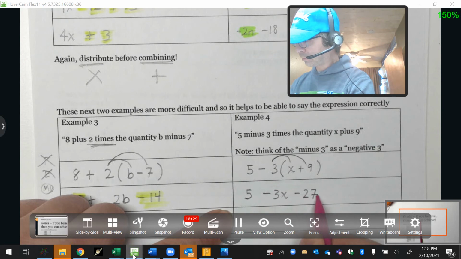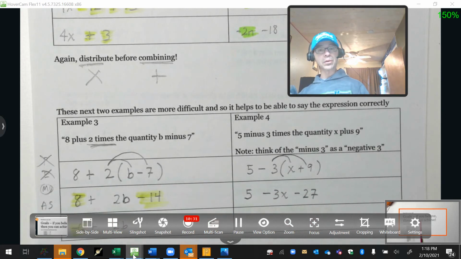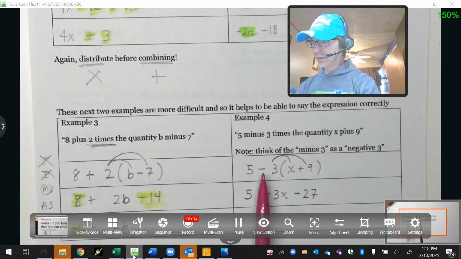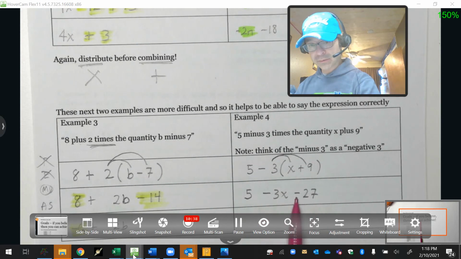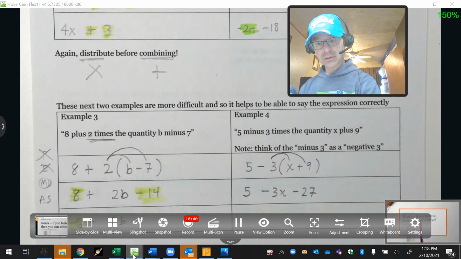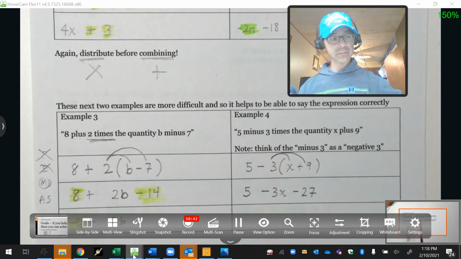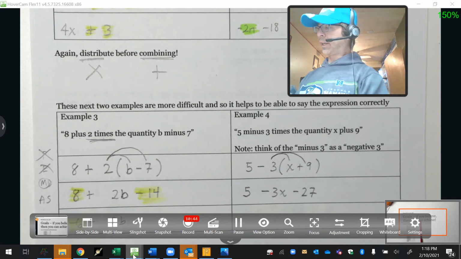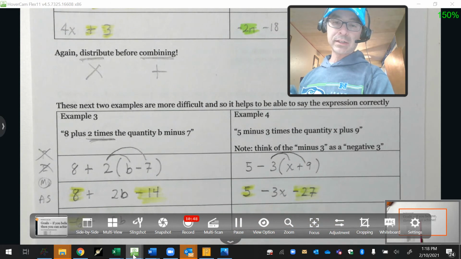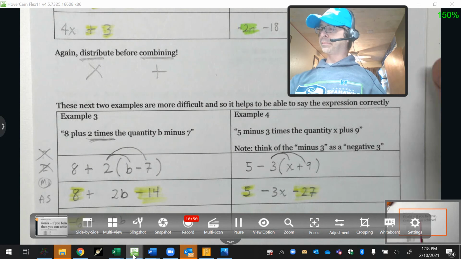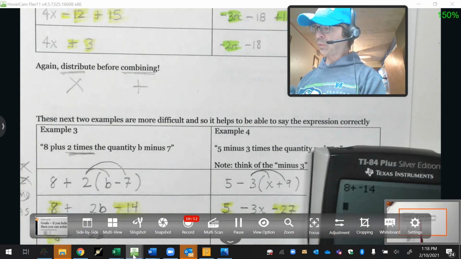Slow down. Look at what just happened. I got a negative 3 times a positive 9. The answer is negative 27. Then you combine like terms. We got this positive 5 right there, got that negative 27 right there. I'm going to combine them. Combine means add, so watch what I do on my calculator.